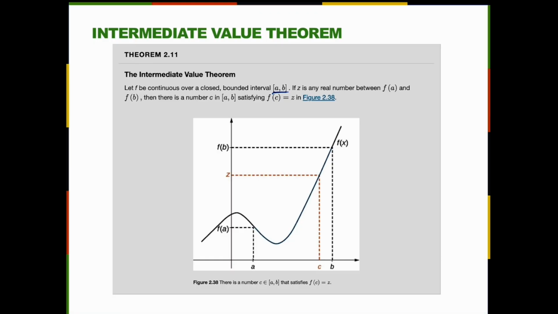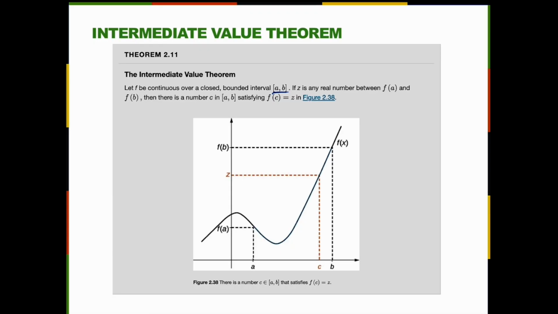There's no skipping an elevation. For example, you can't skip over 1,000 feet or 1,500 feet. You go continuously from 500 to 2,000 without skipping any of those intermediate elevations.